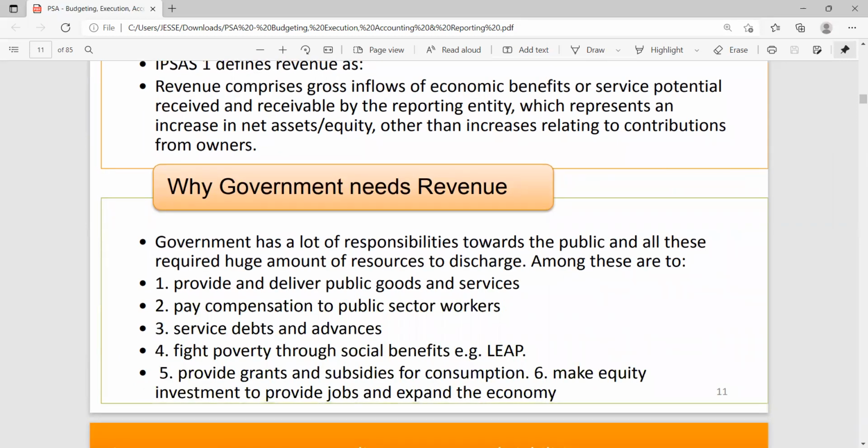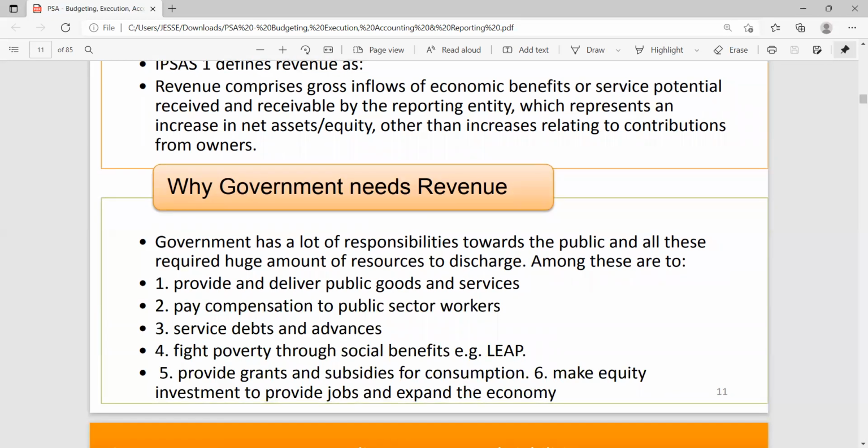Now, why does the government need revenue? This sounds like a rhetorical question, but let's delve into it. Government has a lot of responsibilities towards the public, and where there are responsibilities, resources are also required.